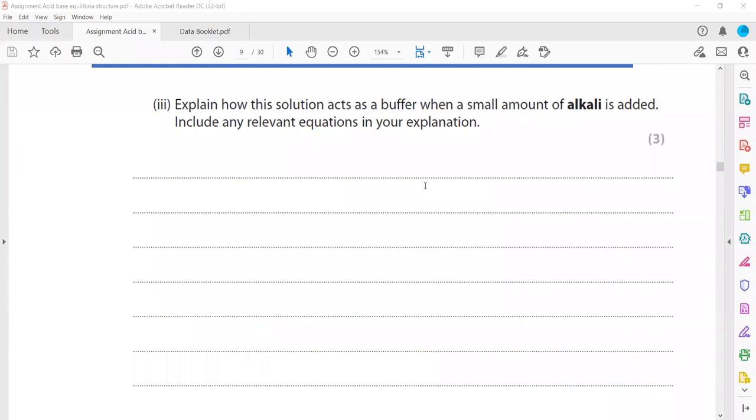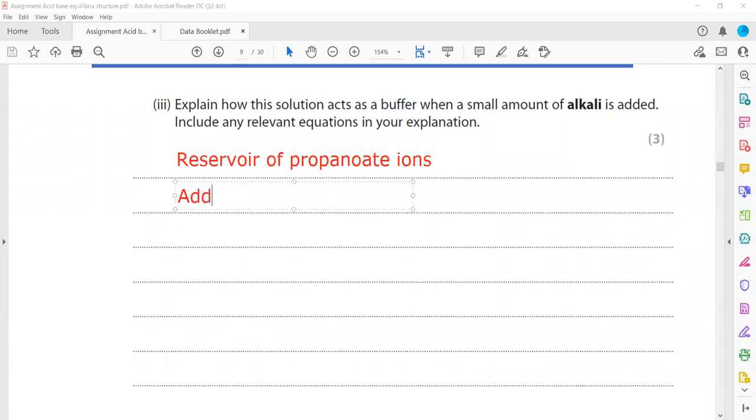But the ratio between the salt and the acid does not change, as we have a reservoir. So the points which you will include: we have a reservoir of propanoate ion, relevant to the question, because the propanoate ion is coming from the salt, and it is also coming from the acid.